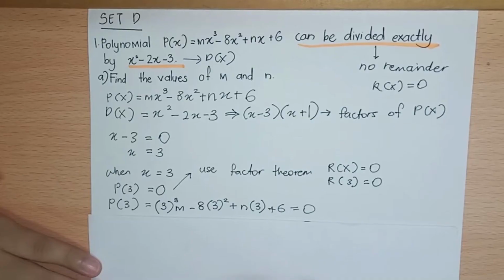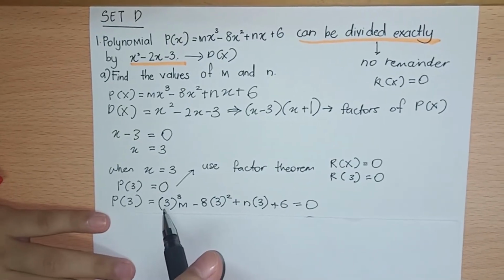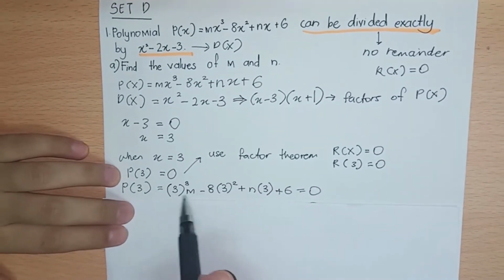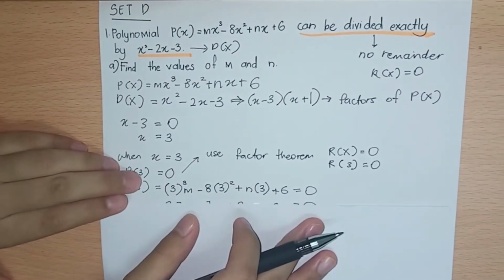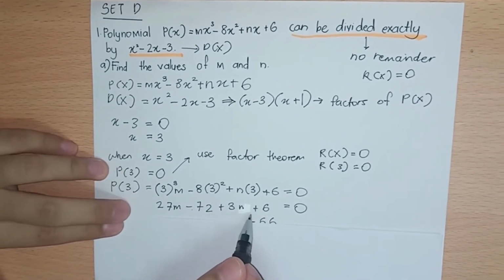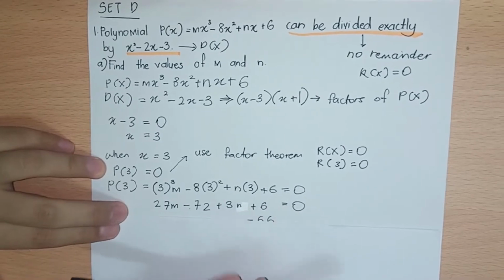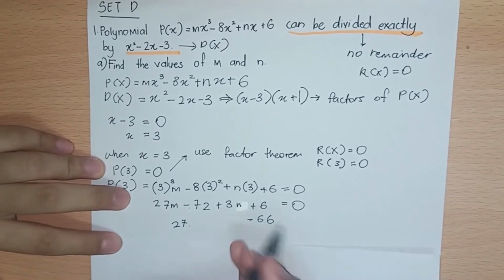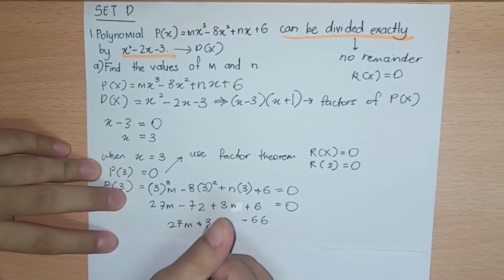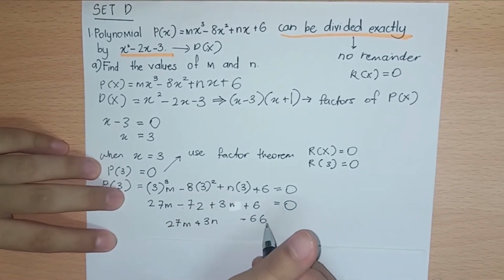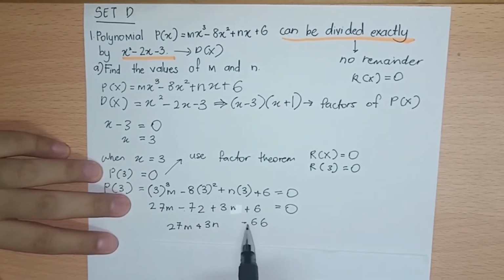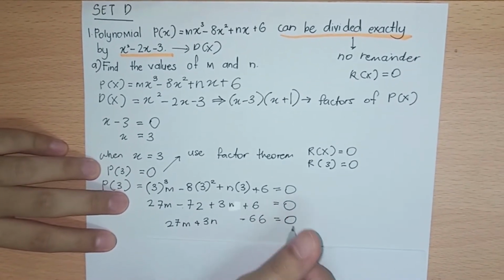So, after we substitute 3 into the original equation, then we calculate, it will be 27m − 72 + 3n + 6 equal to 0. And it will be 27m + 3n − 66, because negative 72 plus 6 will be negative 66, equal to 0.